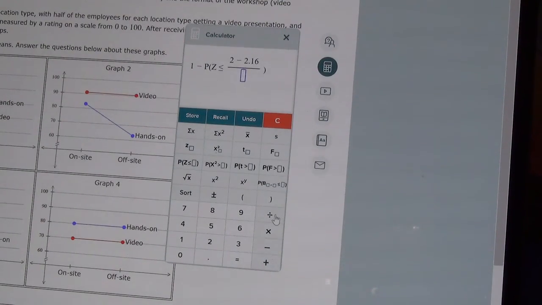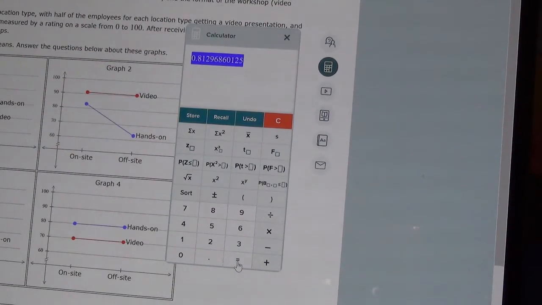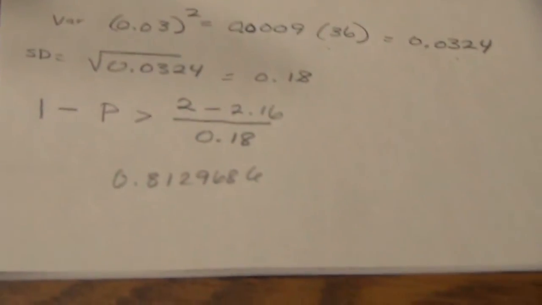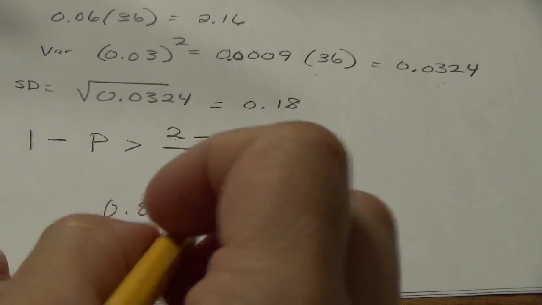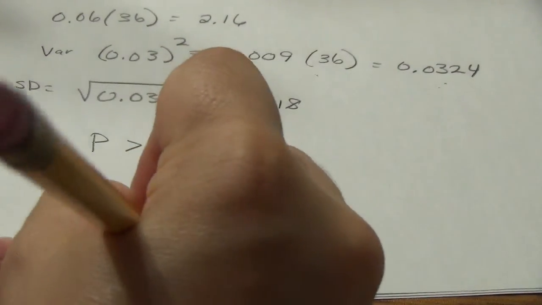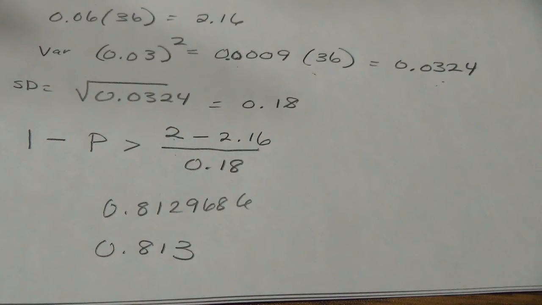Divide that by 0.18 and hit equal. I get 0.812966, and so forth and so on. We're going to round that off to 3 decimal places. So since I have 0.1829, 0.183 then is going to be my probability that I am going to exceed the 2 inches.